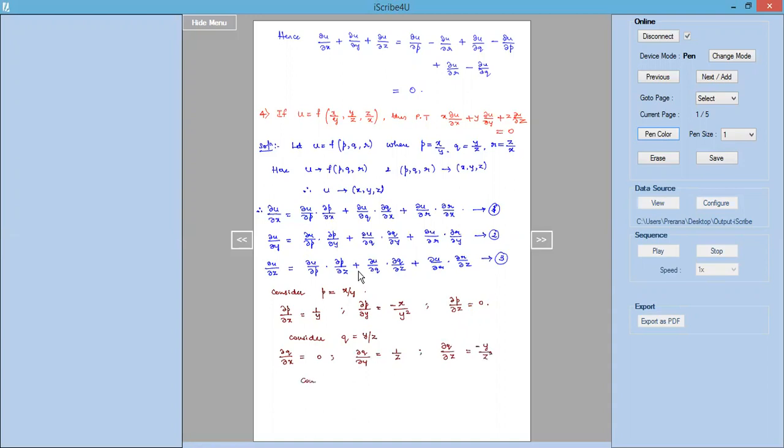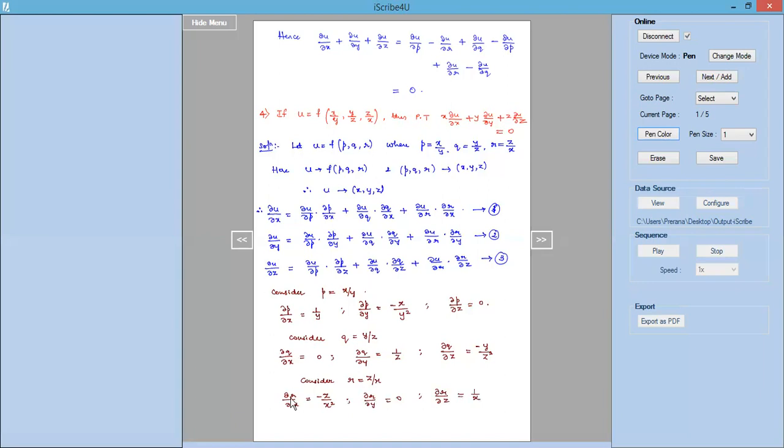And finally, we'll consider r. We have denoted r as z/x. So let us find the partial derivative ∂r/∂x. With respect to x, z is a constant, and differentiation of 1/x is −1/x². ∂r/∂y is 0. And ∂r/∂z is 1/x.